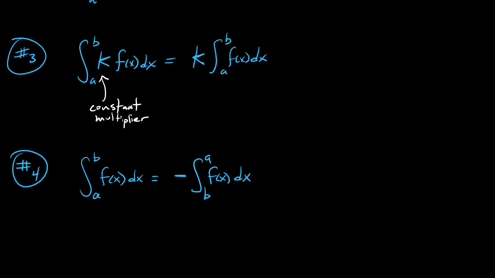What this one says, if you have the integral from any two numbers, so 3 to 5, if you reverse those numbers, so 5 to 3, whatever, if these numbers are reversed, the answer would be the opposite.